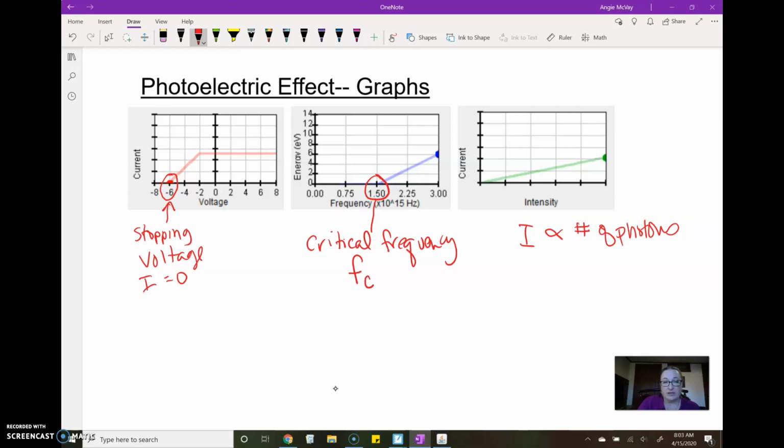And we're also seeing, if you took a look at the emission spectra demo on YouTube that I posted, that we would expect light going through a diffraction grating to make an interference pattern. We'd see dark and we'd see light spots, but we would expect those to be evenly spaced with a bright central maximum.